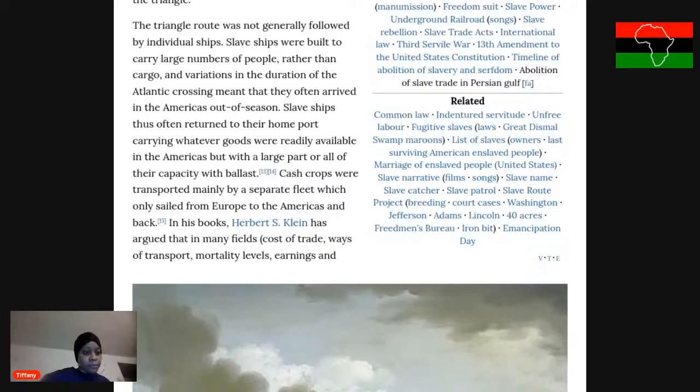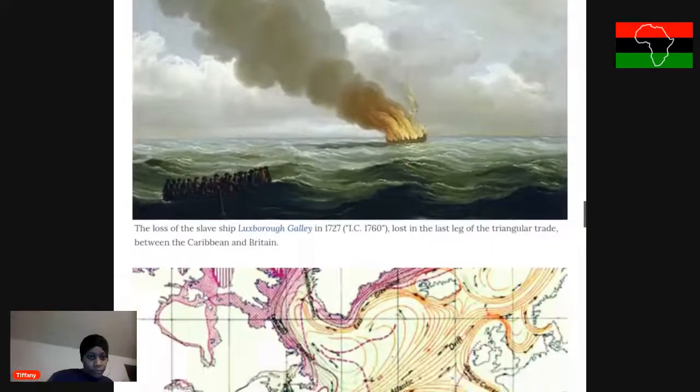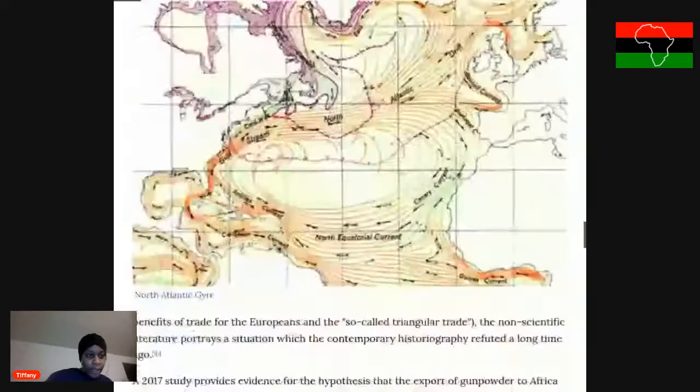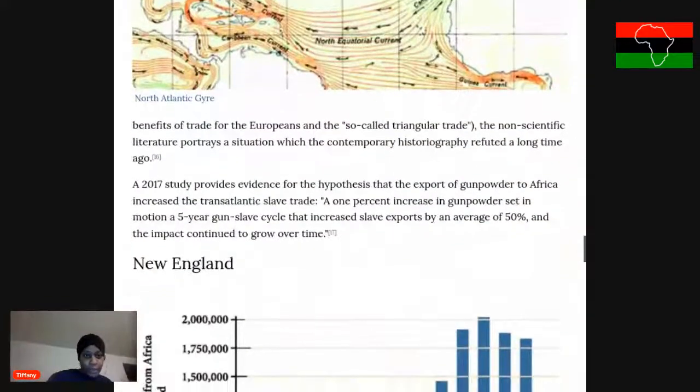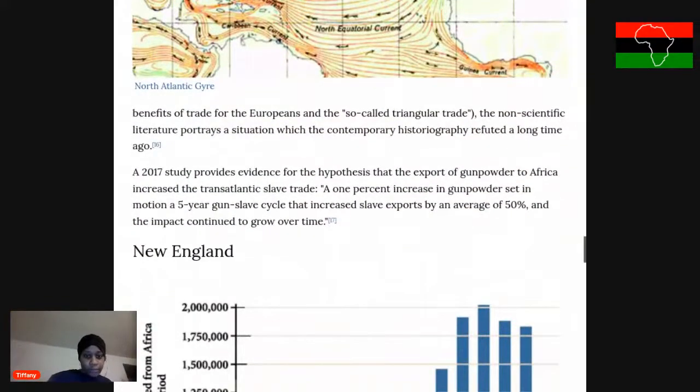In his books, Herbert S. Klein has argued that in many fields, such as the cost of trade, ways of transporting, mortality levels, earnings, and benefits of trade for Europeans in the so-called triangular trade, the non-scientific literature portrays a situation which the contemporary historiography reviewed a long time ago.